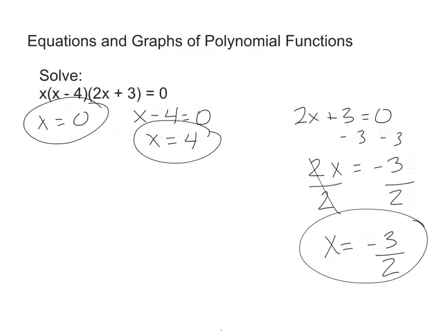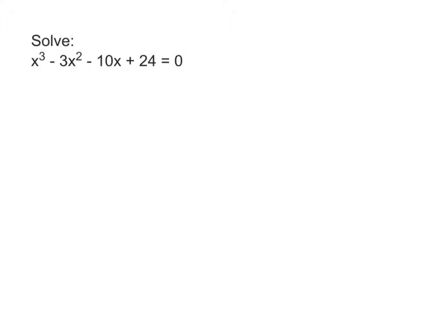I'm going to ask you to solve another one. This is another cubic that I want you to solve. The method that we're going to use is solving by factoring. The way that we're going to factor: find the potential zeros, test them using the factor theorem, synthetic division, and find the answer that way.